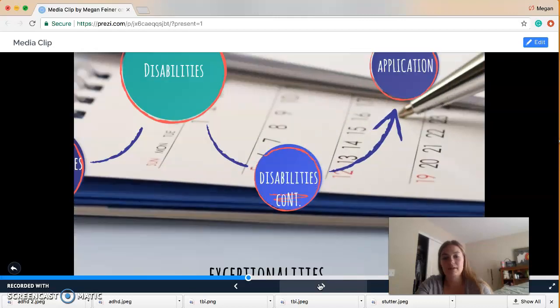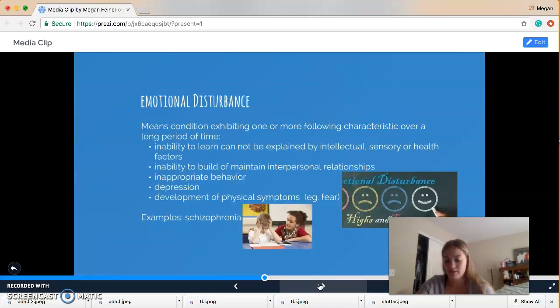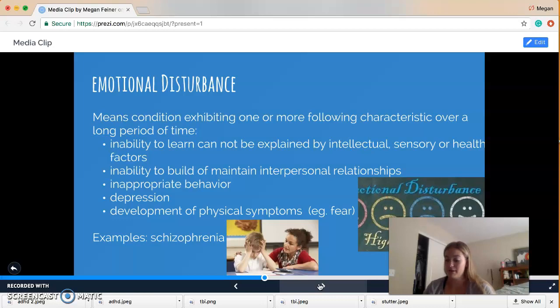A few more disabilities we're going to talk about are emotional disturbances, which are characterized by a range of behaviors that affect a child's performance. They usually are not explained by intellectual or other sensory factors. Usually they have an inability to maintain satisfactory interpersonal relationships.